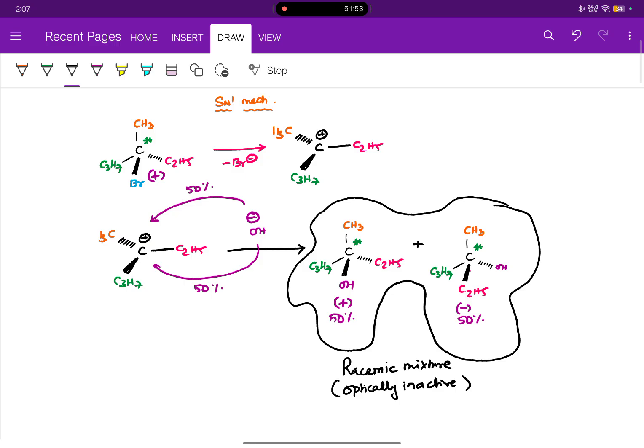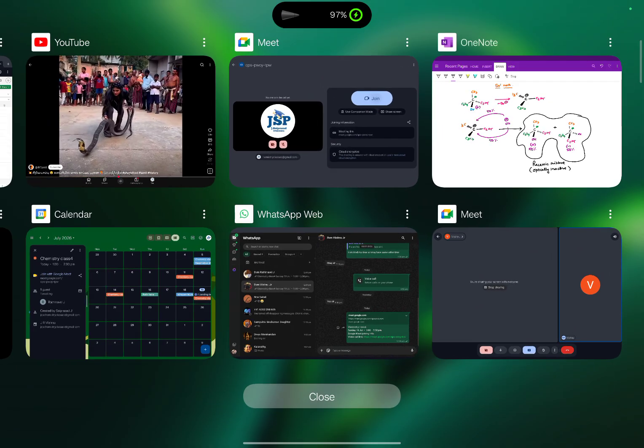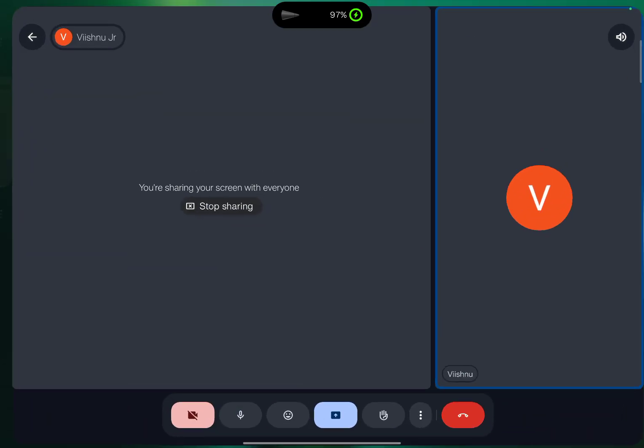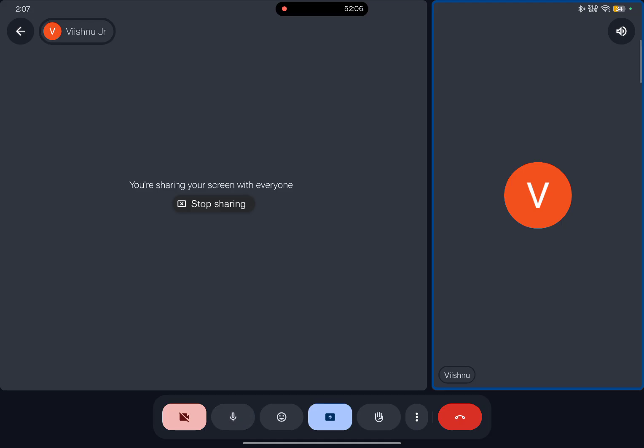Did you copy it? Copy it, because this is very important. Even in the textbook it is not clearly given.